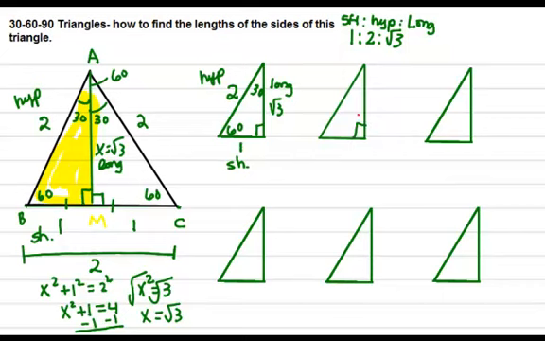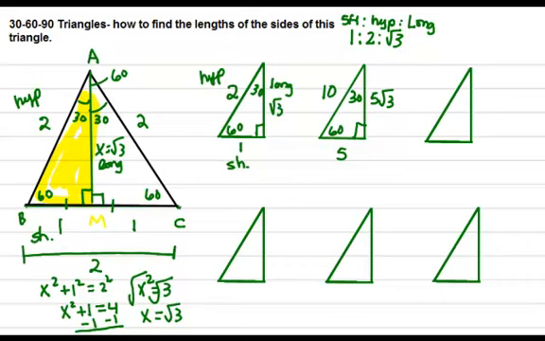If you have your 30, 60, 90 triangle, doesn't matter what sides you start off with here. If the short side is 5, the hypotenuse will be twice 5 because it's a 1 to 2 ratio. This would have to be 10, and the long leg will be 5 square roots of 3 because it's 1 times that square root of 3.